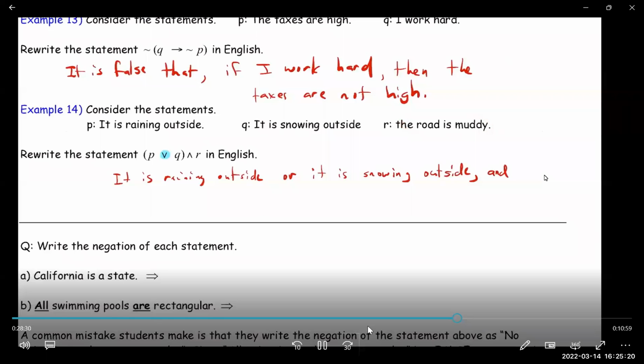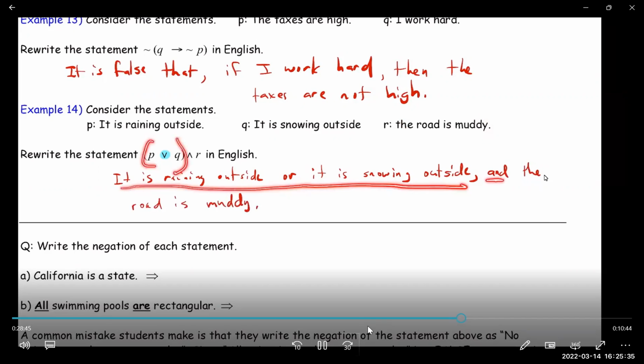And the road is muddy. Yeah, so very good. It is raining outside or it is snowing outside. That's the parentheses part. Then the road is muddy is that part. So very good. There it is.